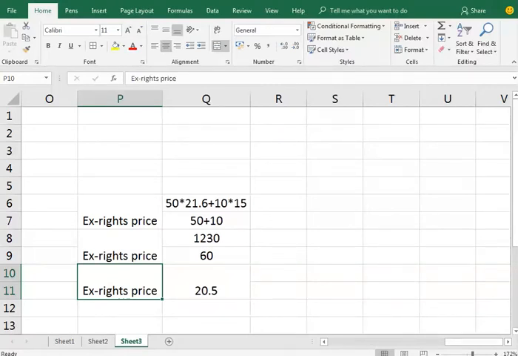Now, analysis of the public issue option.